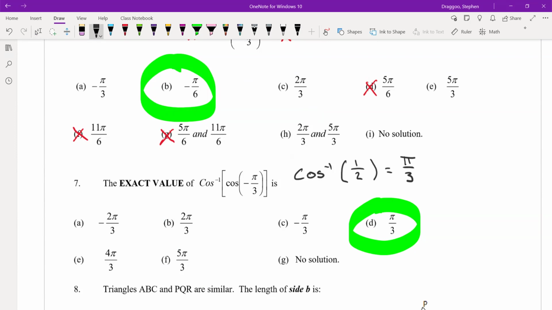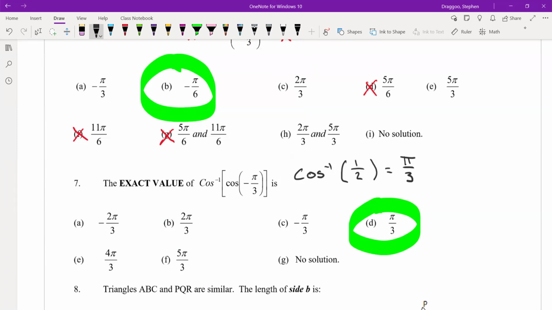They do kind of cancel out, right? Under the best of circumstances, they'll just cancel each other out. But oftentimes we end up outside of the very limited scope where cosine inverse is allowed to operate. So cosine inverse is not allowed to operate on -π/3, because it can only be in the 1st or the 2nd quadrant.